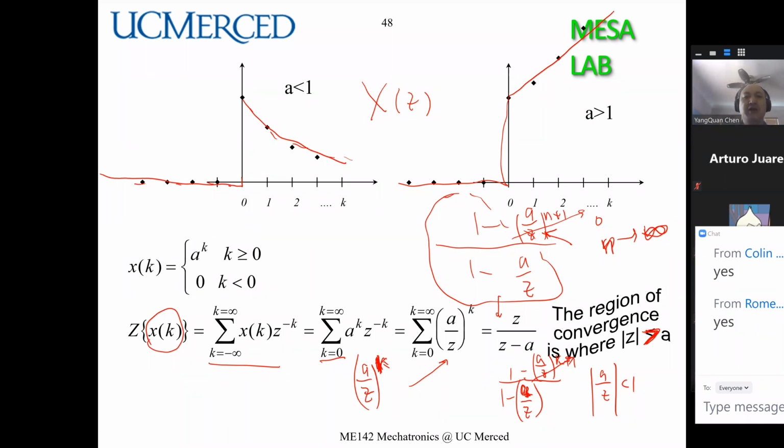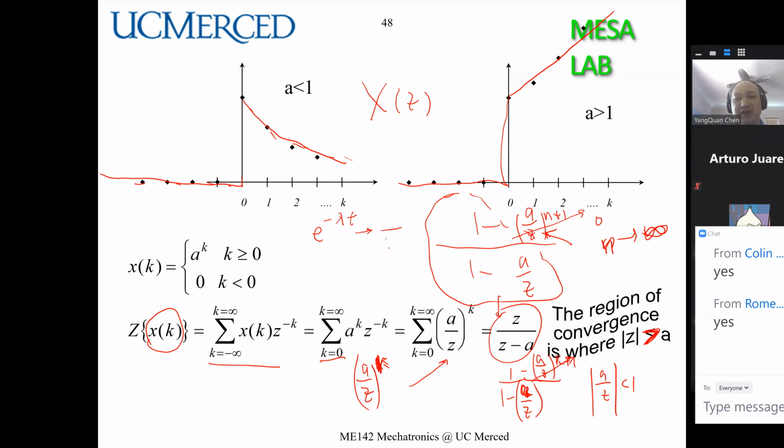Anyway, we ignore the region of convergence. We only assume that everything is in the region of convergence. So you got this one. Remember, you have e to the power of lambda t.